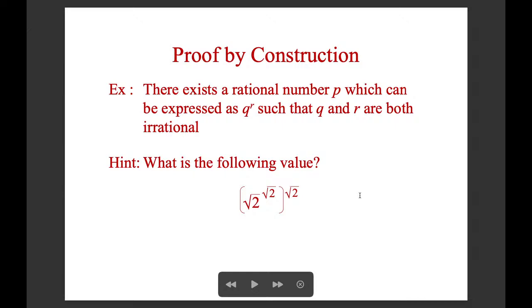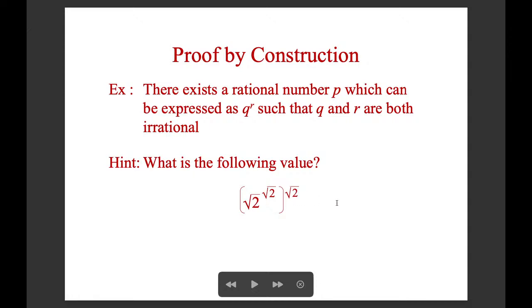However, the discussion I just gave is wrong. Because what I'm saying is this number looks irrational. What if it is rational? If it is rational, then it cannot be used as our Q, and it cannot be used to show something that works.